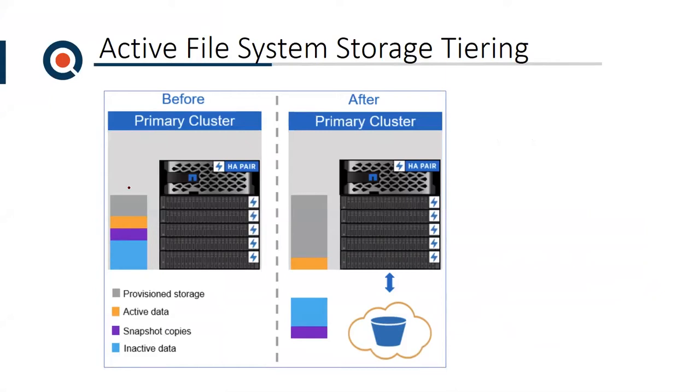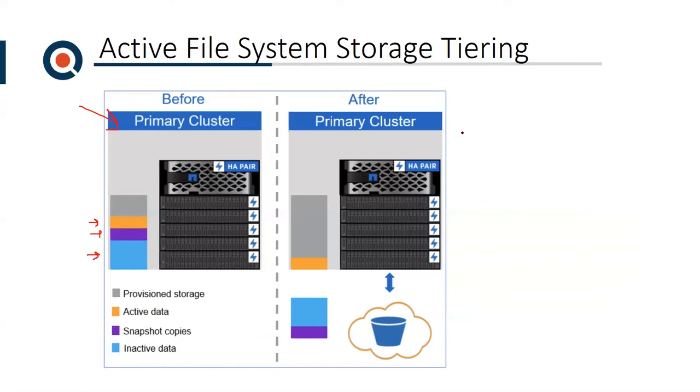So here you can see, I've got my on-prem. So this is my primary cluster over here. Some of my content is active. This is some of my snapshot data. And this is the quote unquote inactive data based upon whatever time period we think would apply for inactive data.